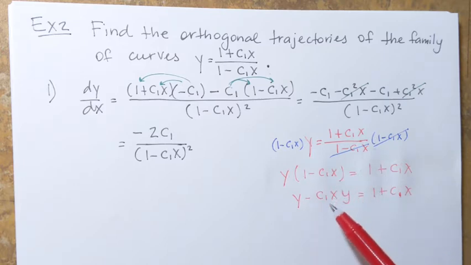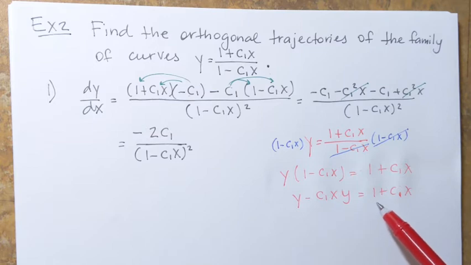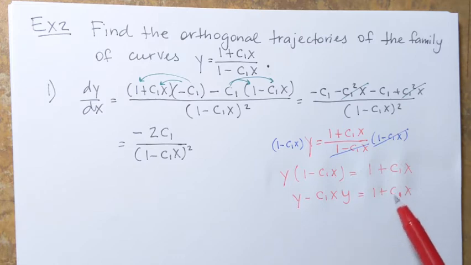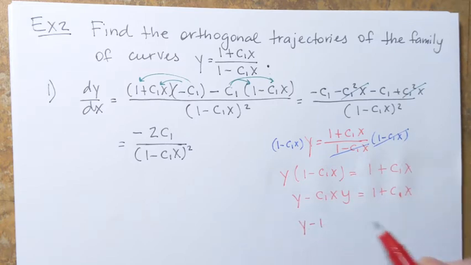We simplified, cleared parentheses, and how do we get c1 by itself? The very nice working trick is to put together all terms involving c1, and then factor out c1. So I'm going to add c1xy to the right, and then subtract 1 from both sides.